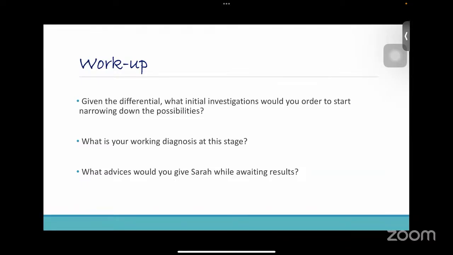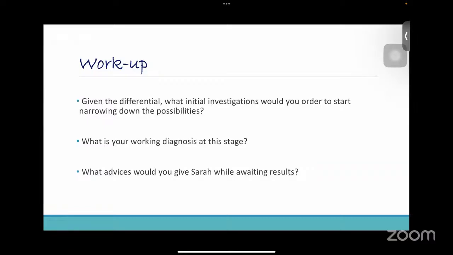IBS, irritable bowel syndrome. Yes, exactly. But we need to rule out other organic causes because as we all know, IBS is a diagnosis of exclusion. So while waiting for her results, we could advise her on dietary modification and stress management techniques, taking over-the-counter medication for her symptoms, and reassurance and education about the functional nature of IBS if other tests come back negative.